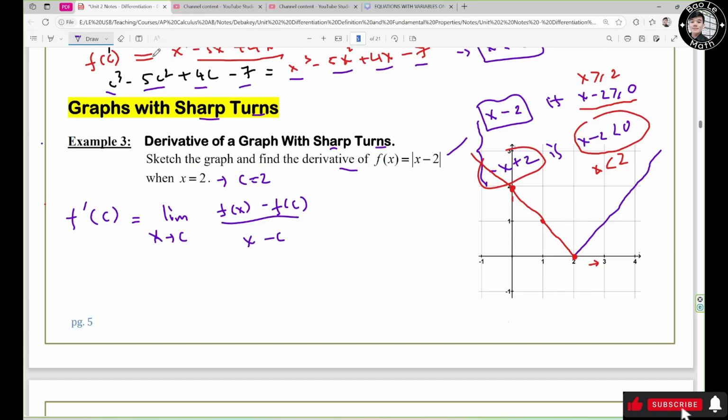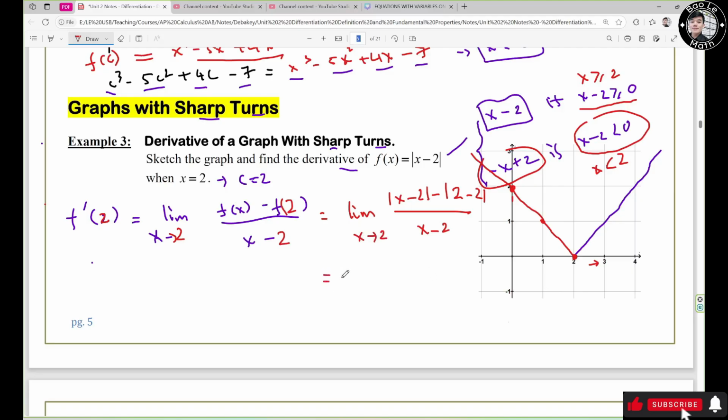Now c is 2, so I just replace c with 2, right? Alright, so it turns out to be limit of absolute value of s minus 2 minus absolute value of 2 minus 2 over s minus 2 when s approaches 2, right?